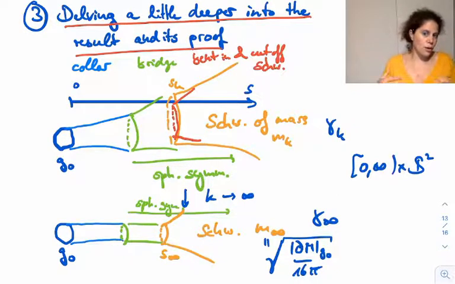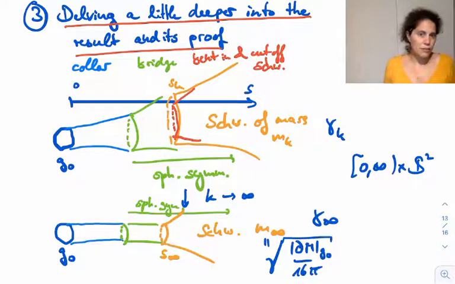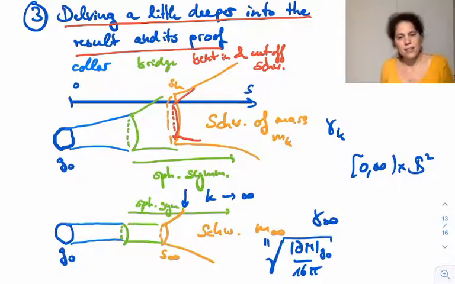The sequences or one parameter families we find have a finite length cylinder limit of the collar and a finite length cylinder limit of the bridge, and the bending in and cutting off of the Schwarzschild disappears in the limit.